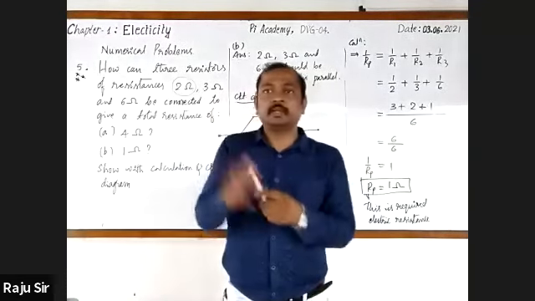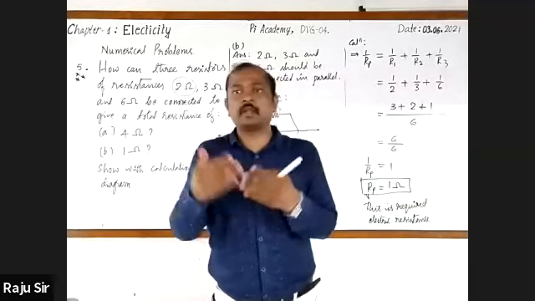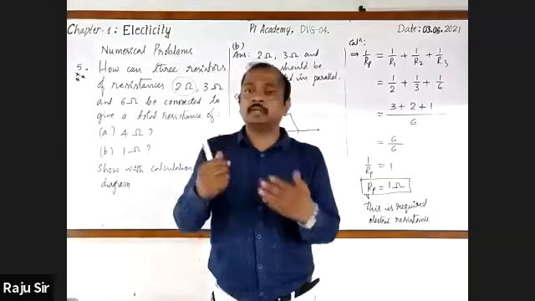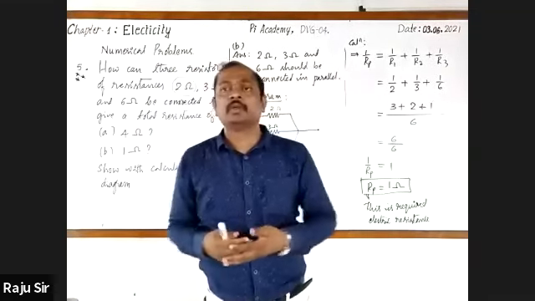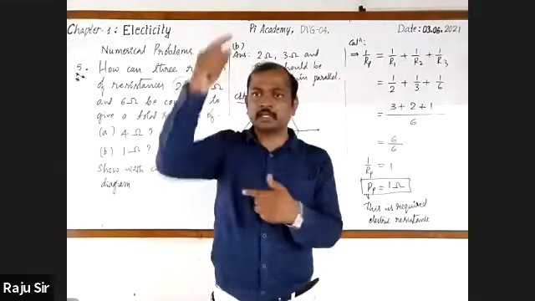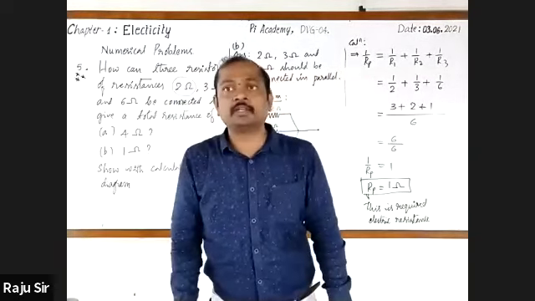You know that when the resistors are connected either in series, parallel, or in mixed connection, we may get more electric resistance or least electric resistance. As there is change in the electric resistance, there will be change in the current also.